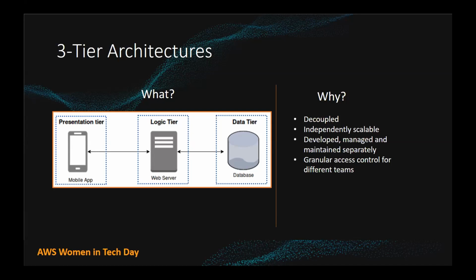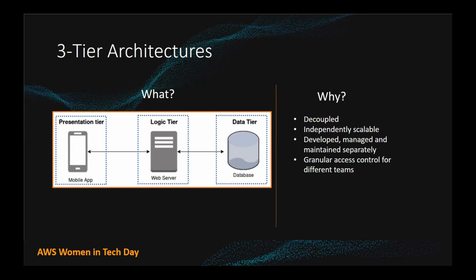One of the important aspects of three-tier architectures is granular access control for different teams, and also network isolation, which in AWS terminology we refer to as fault isolation. There are two aspects to it: one is isolation, and the other is how you give access. Does everybody on the application support team require access to the database?